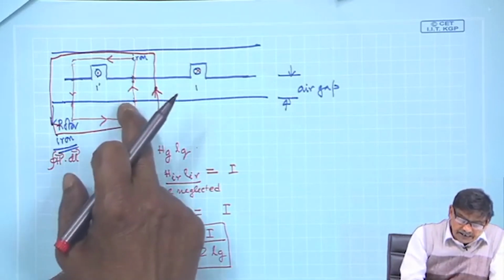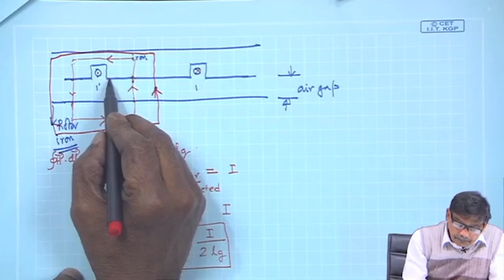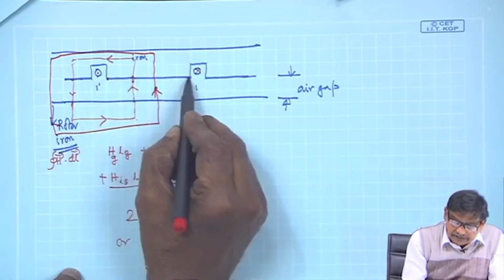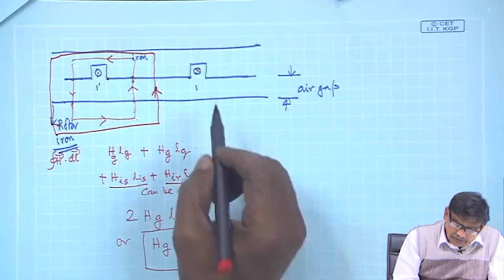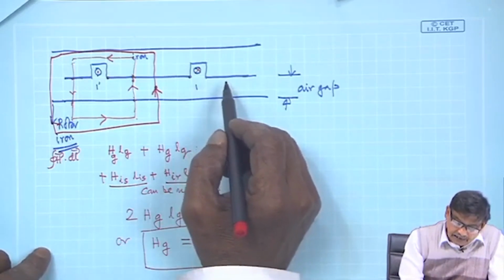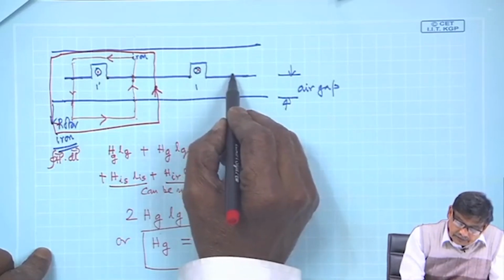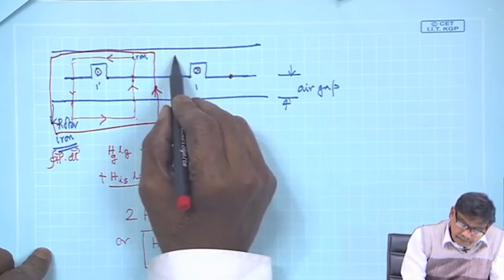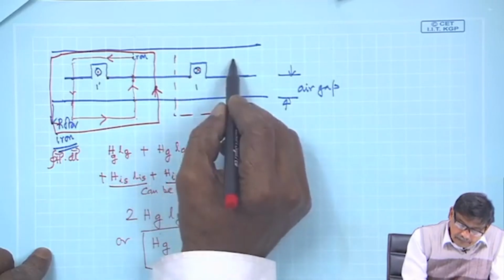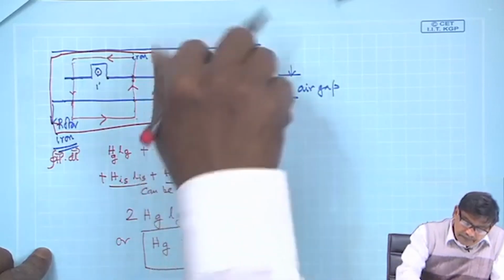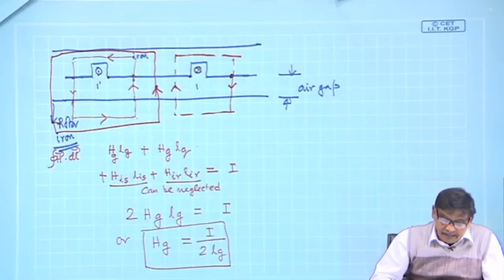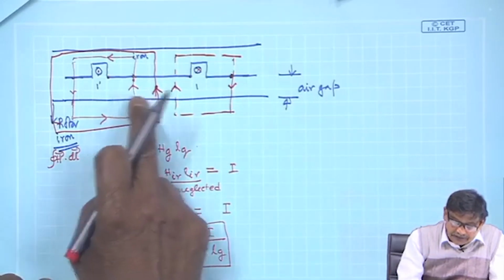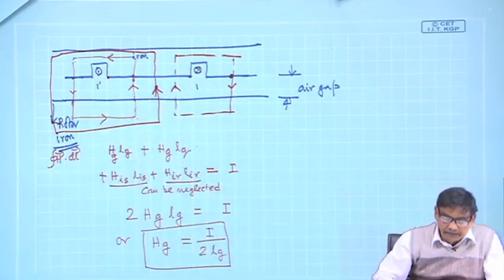Therefore, the value of Hg at any point from this to this will remain constant. Similarly, the value of Hg, if you calculate for this point, that will also remain same. Therefore, this value of H at this point will remain constant.